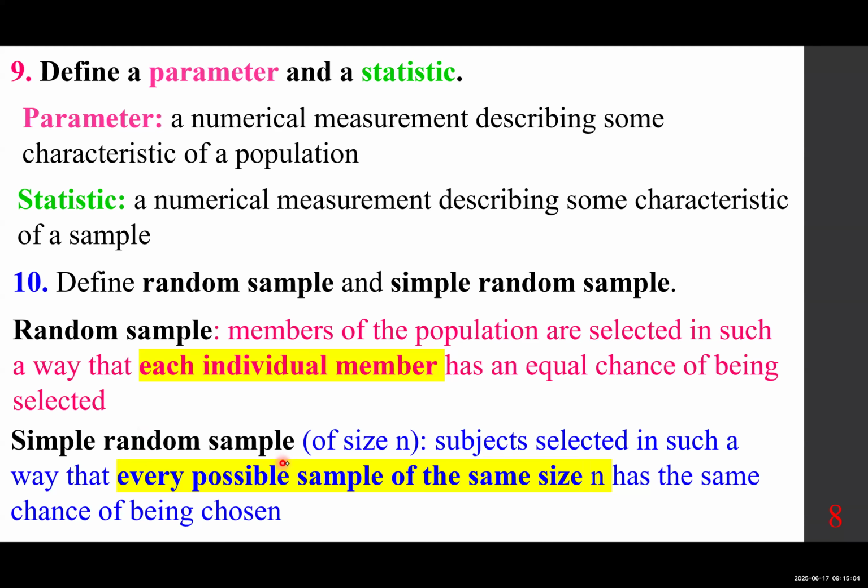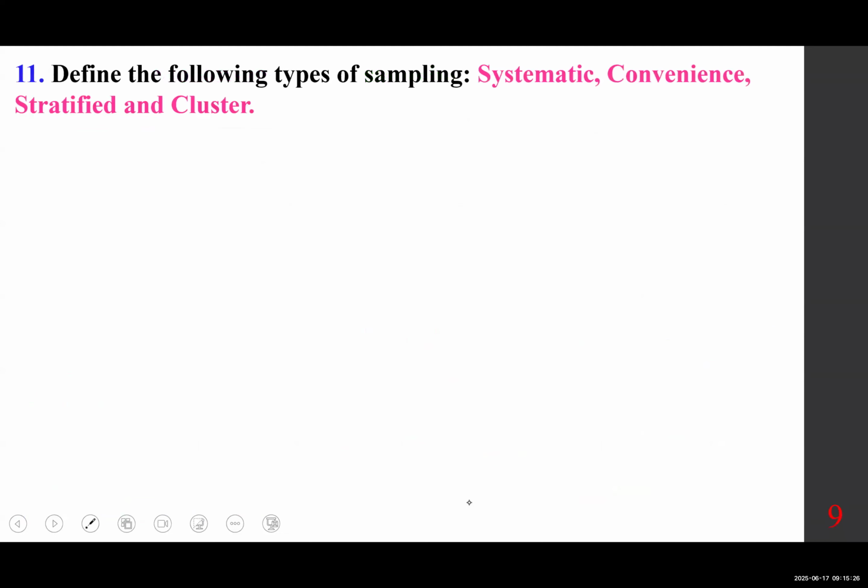Let's say a sample of 5 out of those 30. Now, each sample of size 5 must have the same chance. Of course, you use combination to figure out how many different samples are available. Sample of the same size.